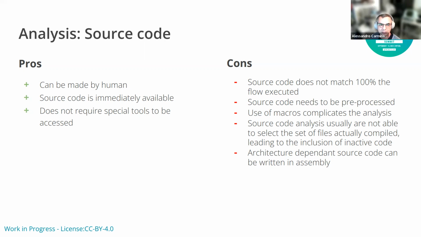In addition, the source is usually preprocessed before the actual compilation. An example of this modification is the use of macros. As last comment, using source code, the analyzer needs to figure out which code is actually used and which is not. Within a single C file, macros determine which code is compiled. But when you decide to consider a file or not, makefile logic makes the difference.